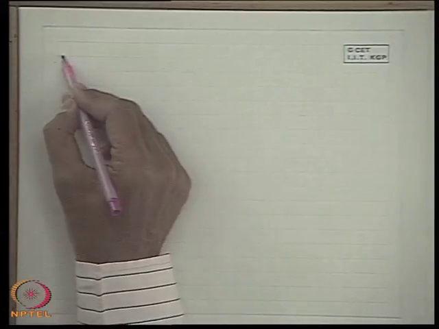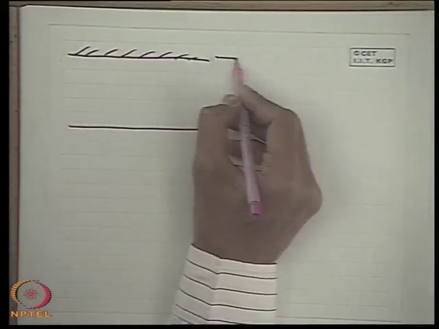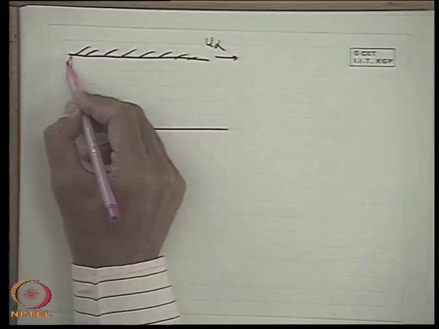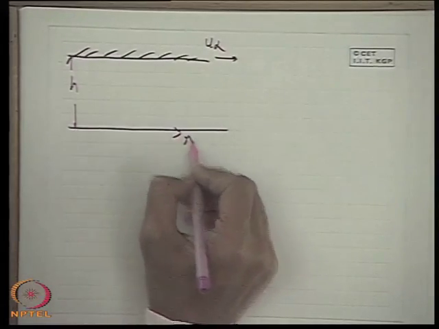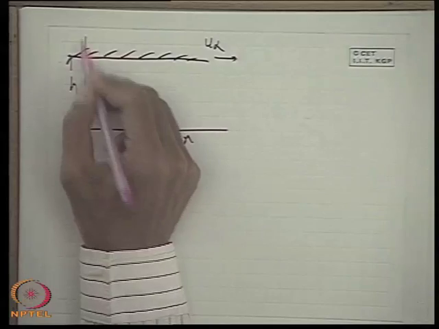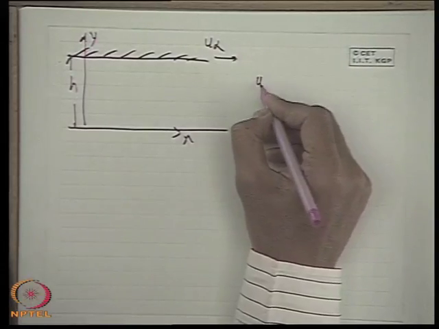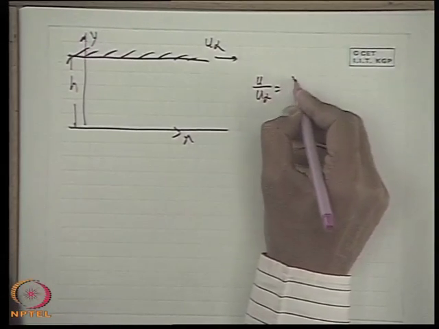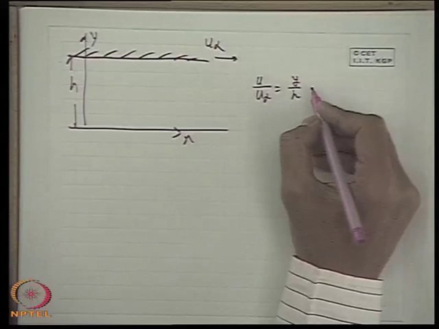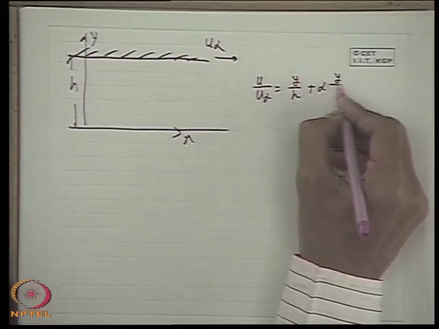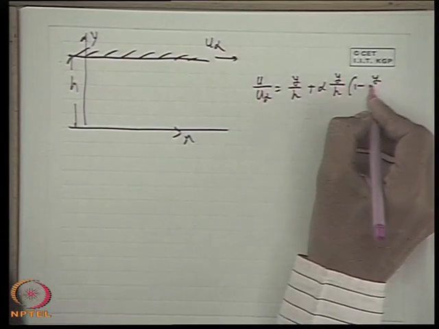Now, in a Couette flow, again I am drawing this. This is x, this is y. Now, u by u infinity is y by h plus alpha y by h into 1 minus y by h.